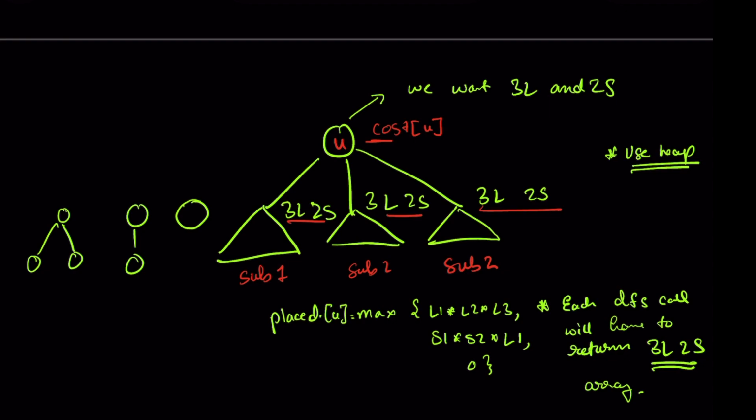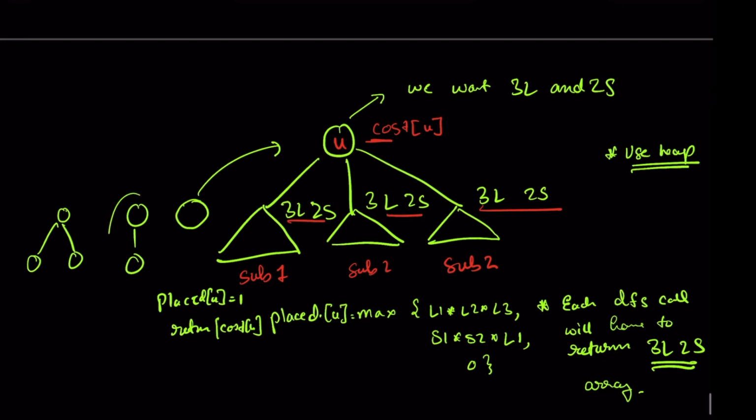In that case you have to place a coin of value 1 here. So we will place u equal to 1 and return the cost of this node to our parent node, so that it can use it to calculate the three largest and two smallest values.